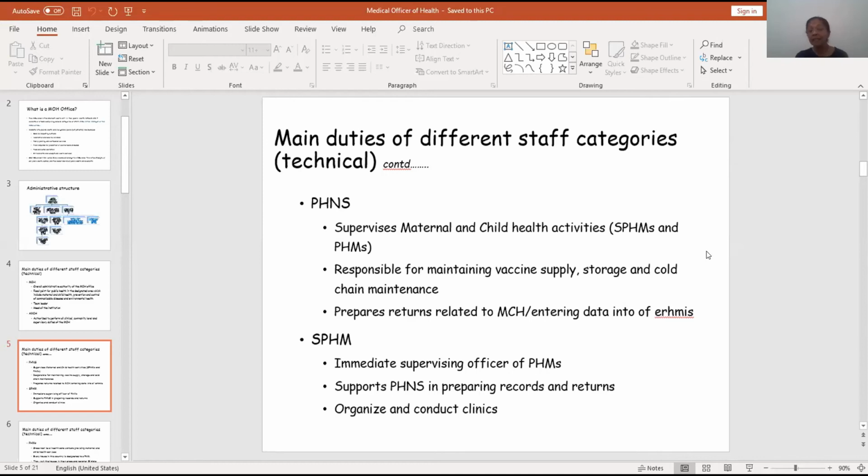And she has to prepare returns related to maternal and child health. Now we have web-based systems, so she enters data into the system. But although she has to enter it, the MOH is responsible for approval of data. So as an MOH, you have to go through the data that she has entered into the system.